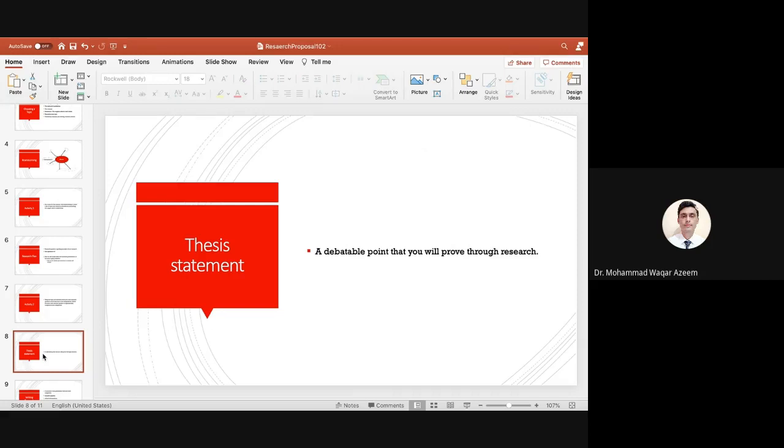The next thing that you need for your research proposal is called a thesis statement. A thesis statement states what your paper will debate about. What will you prove through the research that you want to carry out? So you need to write that statement as well.